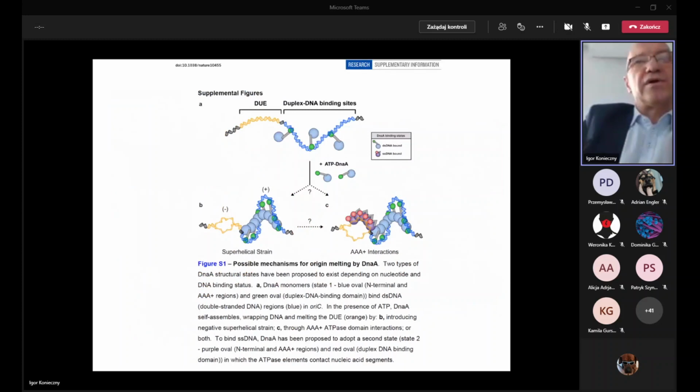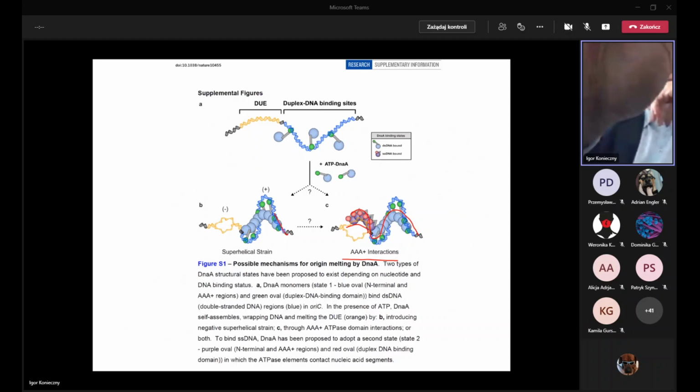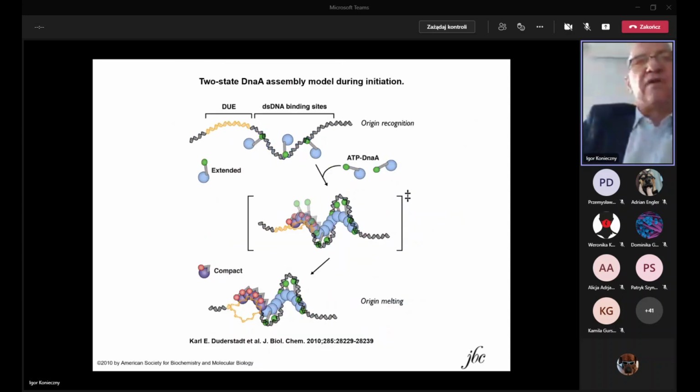This is a more simple model, and as I mentioned, there is still debate whether this AAA+ interaction with single-stranded DNA is an extension of the filament. Okay, so this is the filament form, and could it be extended, or is this interaction a separate interaction of the protein, not necessarily related to this filament formation on the DNA?